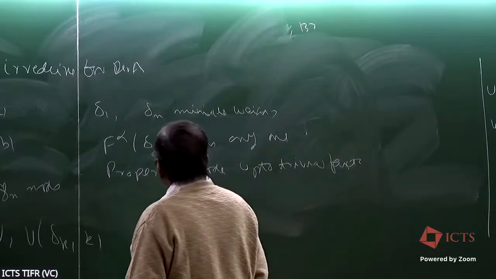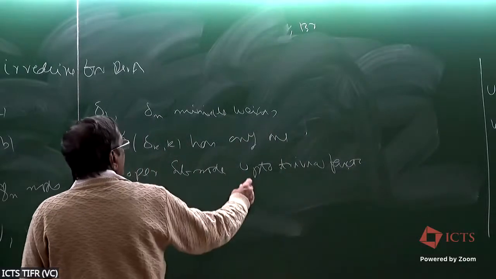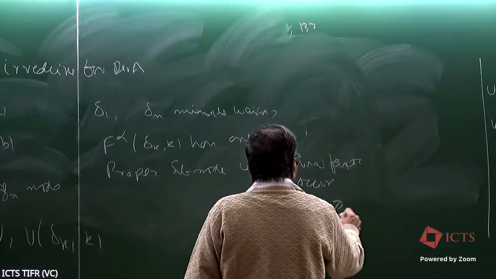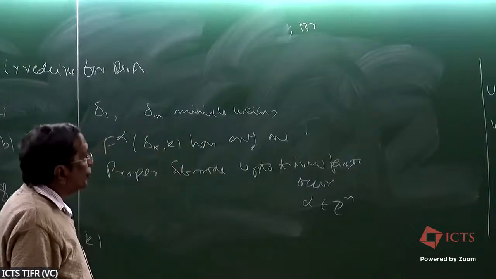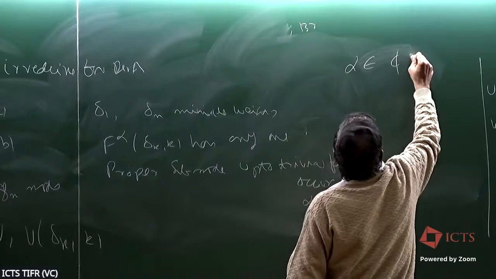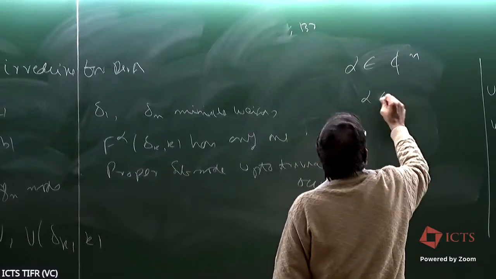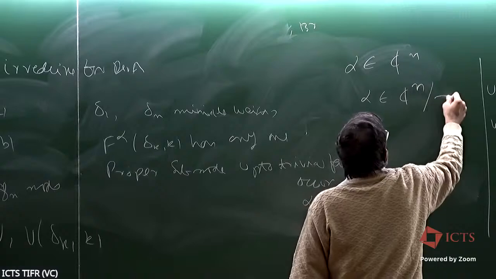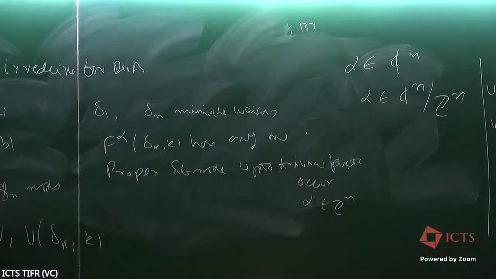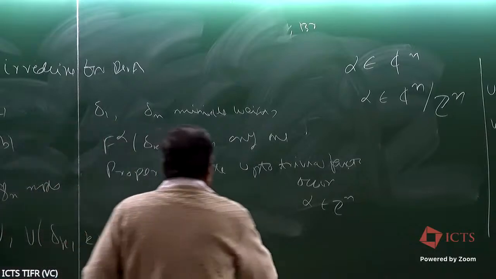And that trivial factor occurs only when alpha is in Z^n. And one more thing, I took alpha in C^n, but what exactly is it? Okay. So if two alphas differ by an integral point, then they are isomorphic. One can reorder the gradation. If that is done, so let's come to the end.